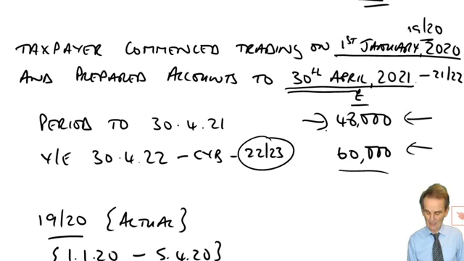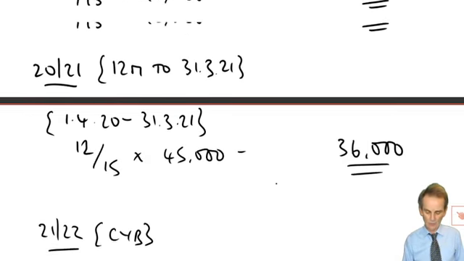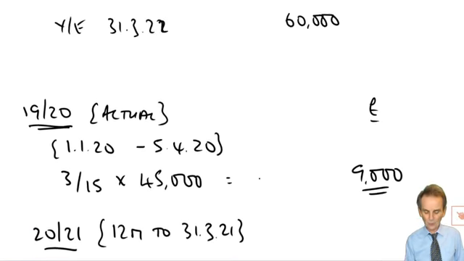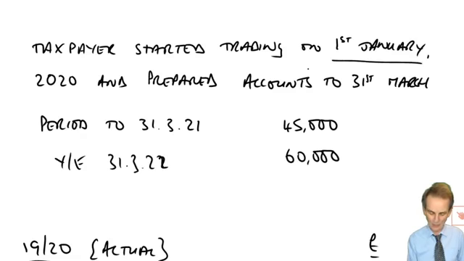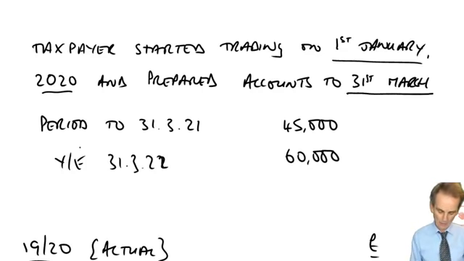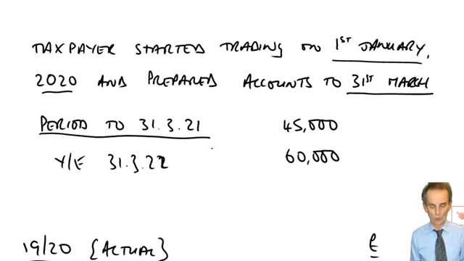£48,000. We then had a year making £60,000. If you look back to the previous example, we again started on the 1st of January 2020. We again had a long opening period, but this time to the 31st of March. So our opening period went through to the 31st of March 21.